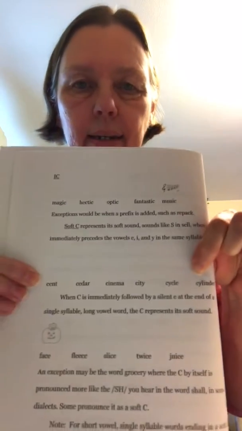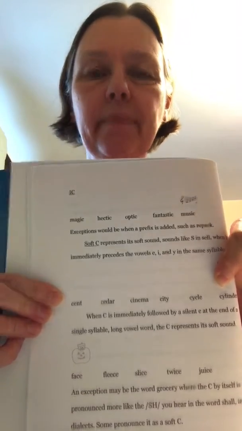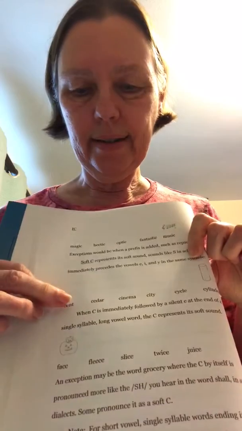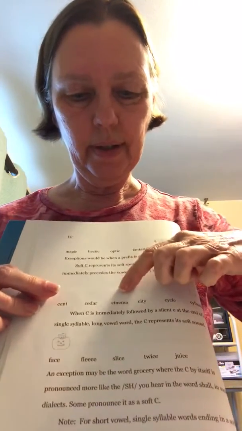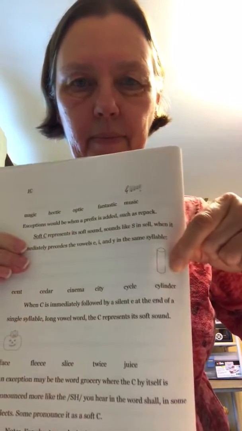So there's only certain times when C has that hard sound, as after those vowels that I just mentioned. But if you pair C with the vowels E, I, and Y, then C will represent the soft sound, as in S. And examples are scent, cedar, cinema, city, cycle, and cylinder.